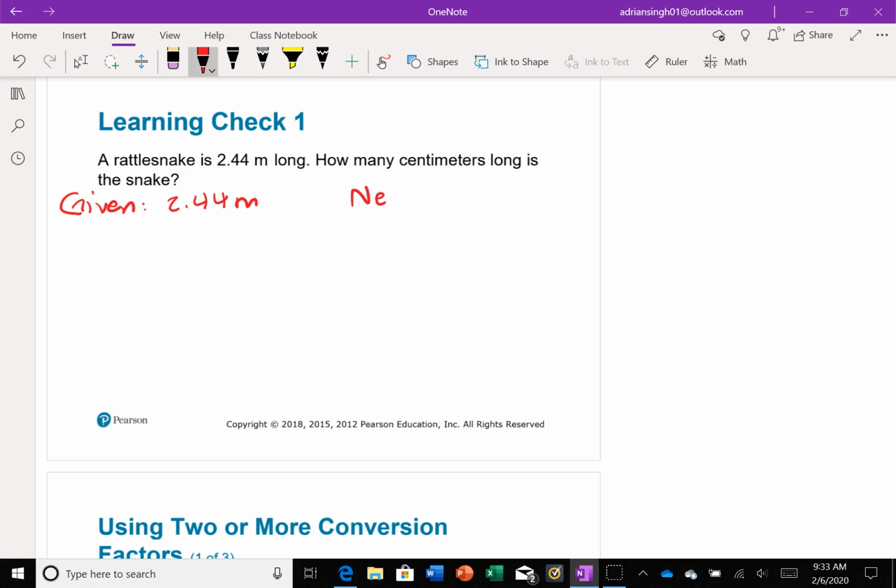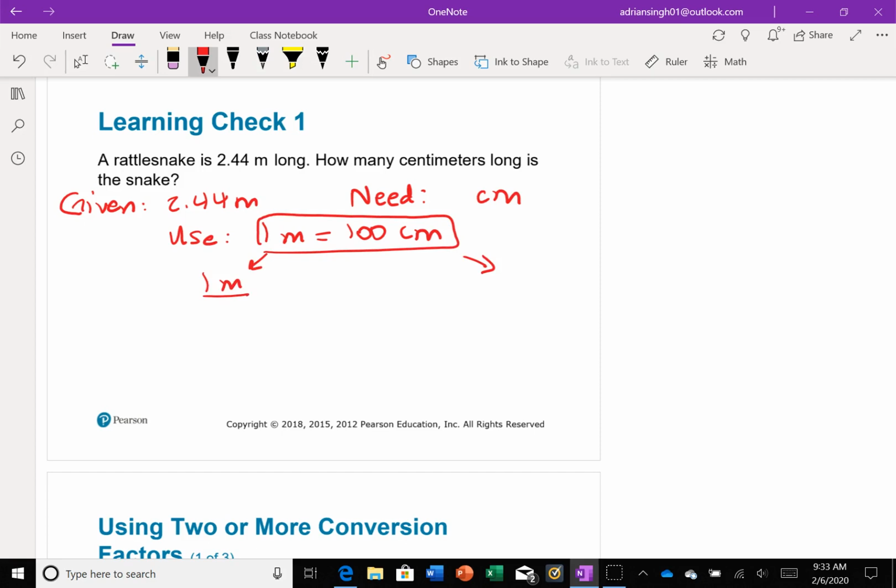And then what we need is to convert that to centimeters. All right, and what we're going to use here is the relationship between meters and centimeters, which again is a metric relationship, and you should know that. So 1 meter is equal to 100 centimeters. All right, so that's our equality. We have our two conversion factors that we could use. We just simply put one over the other.